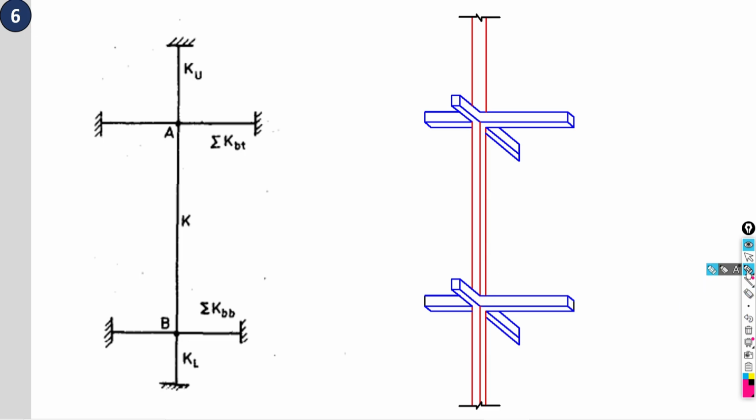But when you talk about the beams, in this direction two beams, one beam coming from this direction and one beam from this direction. So in one direction two beams, in another direction two beams. Remember this, it is important for the further calculation.